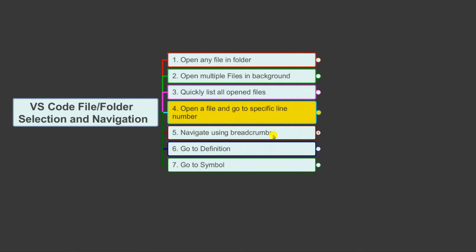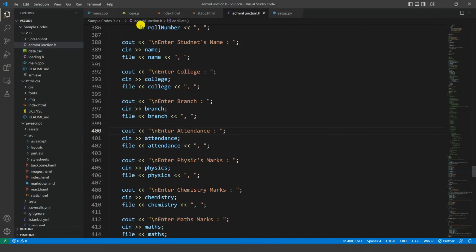Tip number 5 is navigate using breadcrumbs. I don't know if you noticed, but as you open these files, right at the top, it actually tells you where this file is located. For example, I have this admin function.h. It is under sample code, under C++, and then this file.